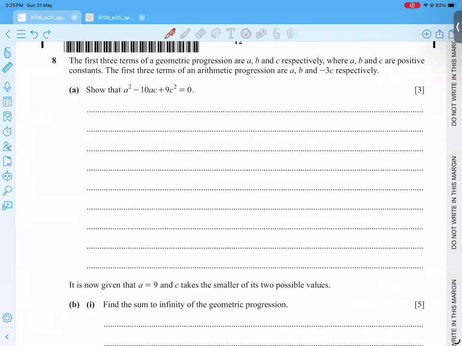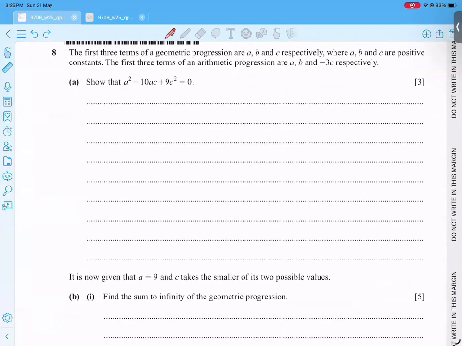Question number 8: we have the first three terms of a geometric progression, a, b, c, and a, b, c are all positive constants, and the first three terms of an arithmetic progression are given. So we have to say a, b, c are in GP, and a, b, and negative 3c are in AP.